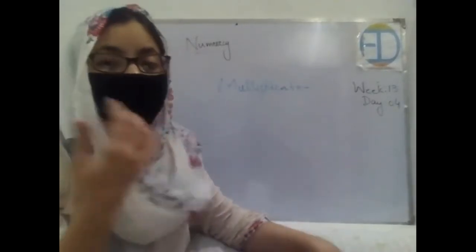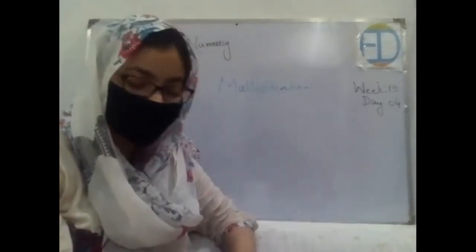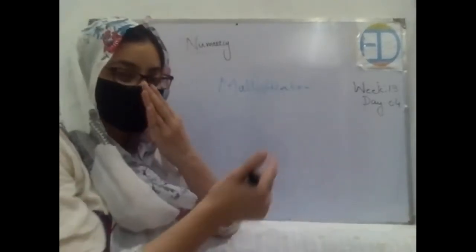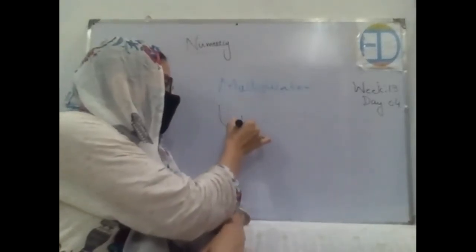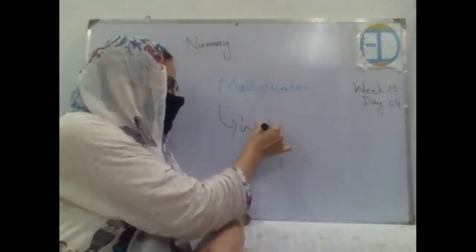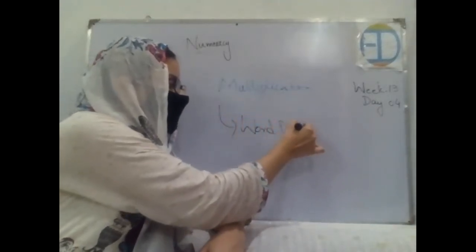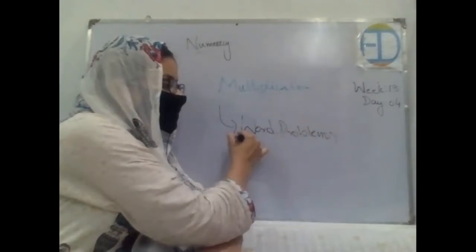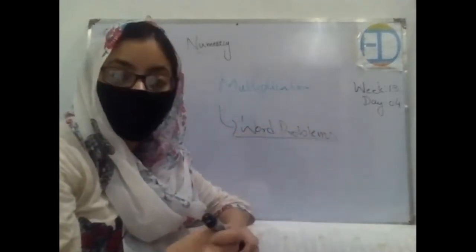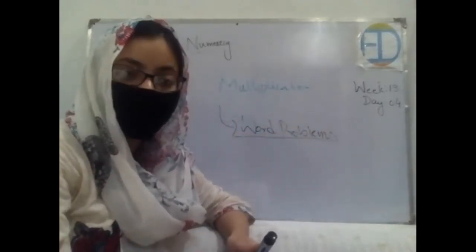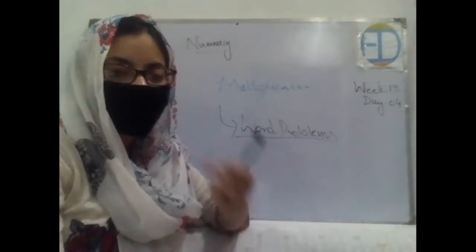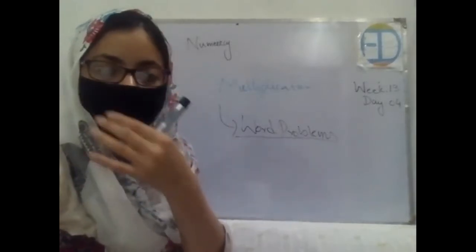Then we also did some practice of multiplication questions. And now it is the turn of word problems. Got it? So in today's class, we will be practicing the word problems of multiplication. Okay? Are you guys excited? Okay, great. So let's get started.